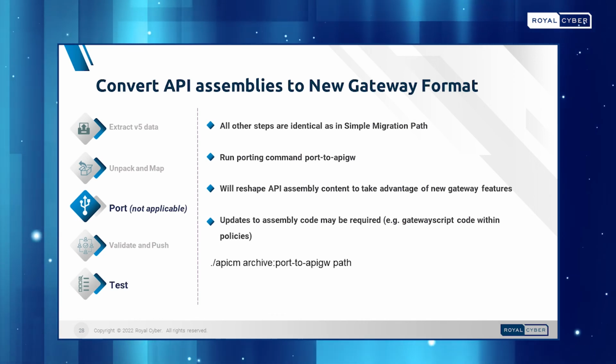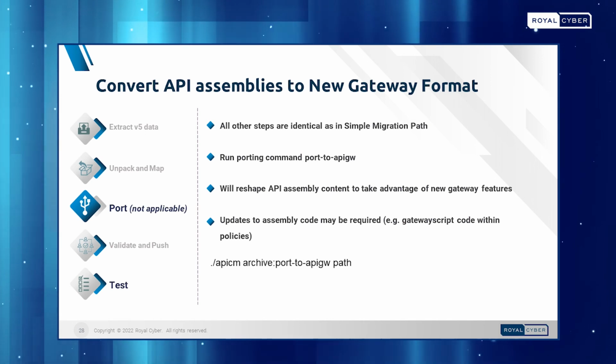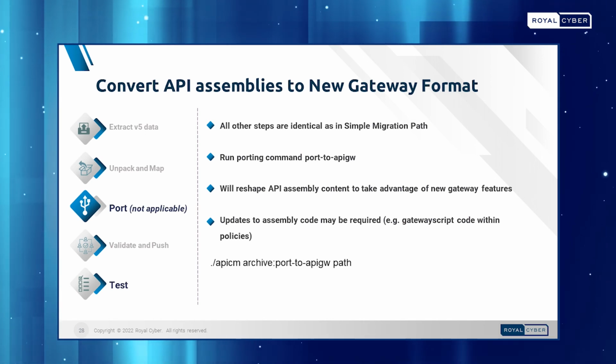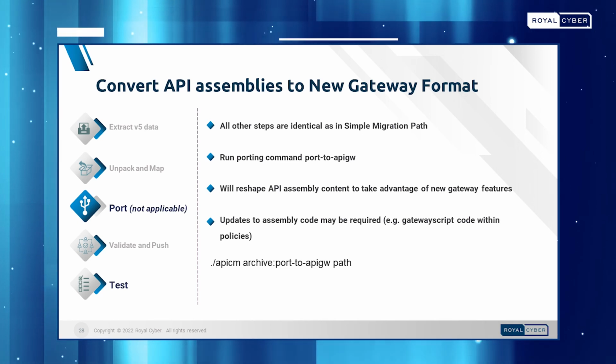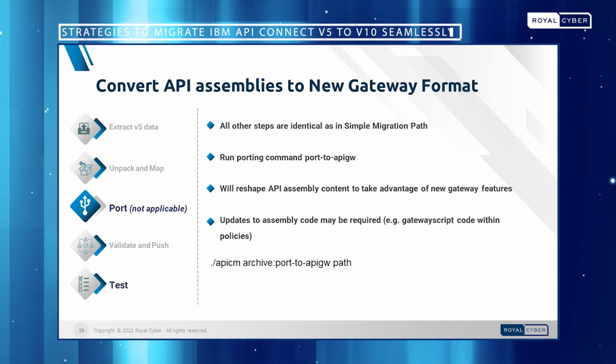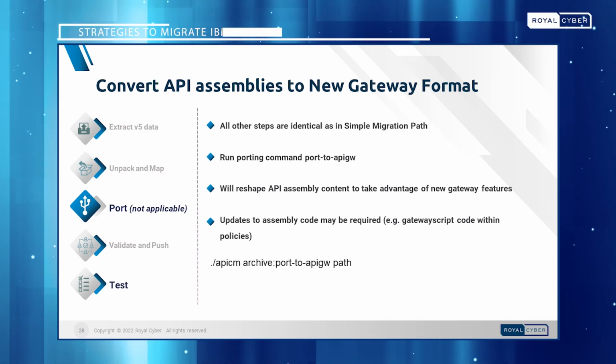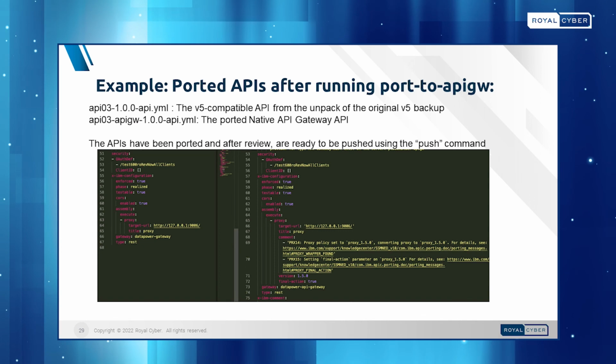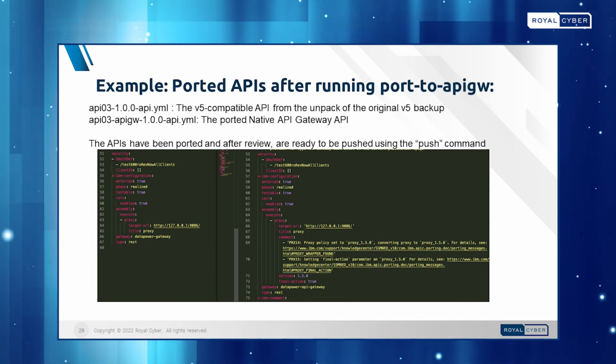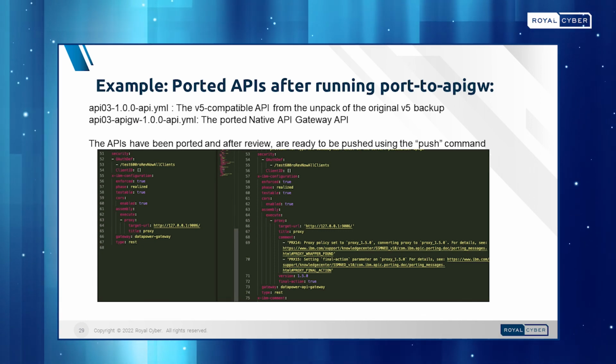The command is simple. What you run is apic-cm archive:port-to-gateway and the path to the extracted files. This is an example of the output.